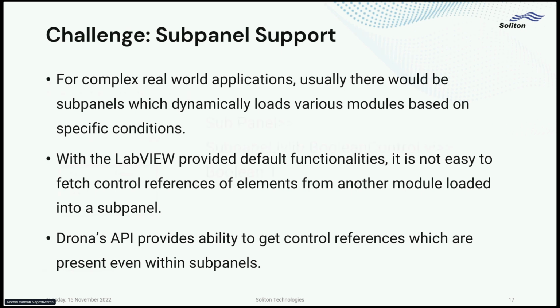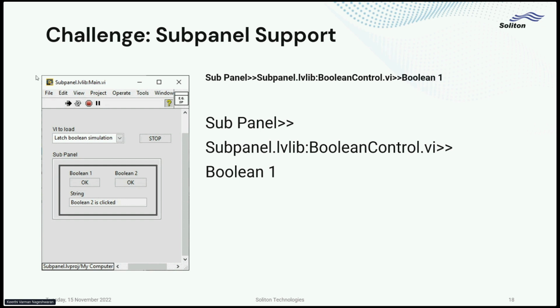I will show how. Let's assume we have a top level VI, and the top level VI has a subpanel, and we loaded a VI inside that subpanel, and that particular VI has a boolean named boolean1. If you want to simulate something on this boolean1, this is how we give a control path.